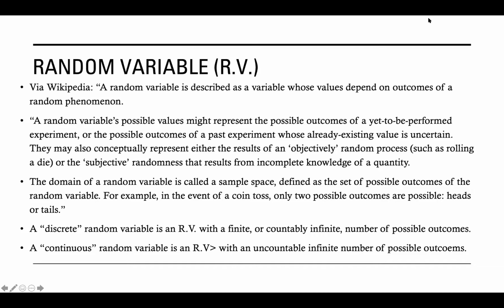A continuous random variable is one with an uncountably infinite number of possible outcomes. Boy, I got typos all over this. A continuous random variable is one with an uncountably infinite number of outcomes. So what is uncountably infinite? The number of real values between 0 and 1 is uncountably infinite. There is no algorithm under which you could count and say that's the first one, that's the second.